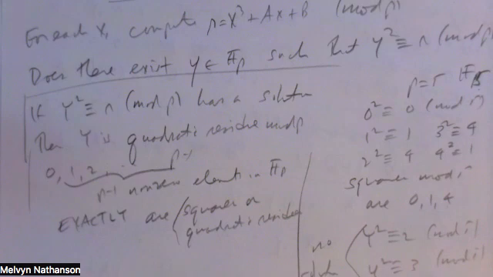So if you pick a non-zero number at random mod p, the probability that it's a quadratic residue or a square is a half. Half of the congruence classes are squares, and half are not squares.